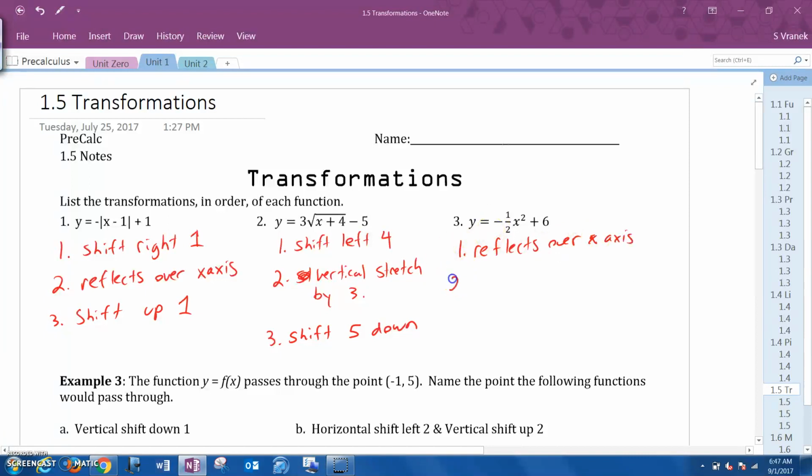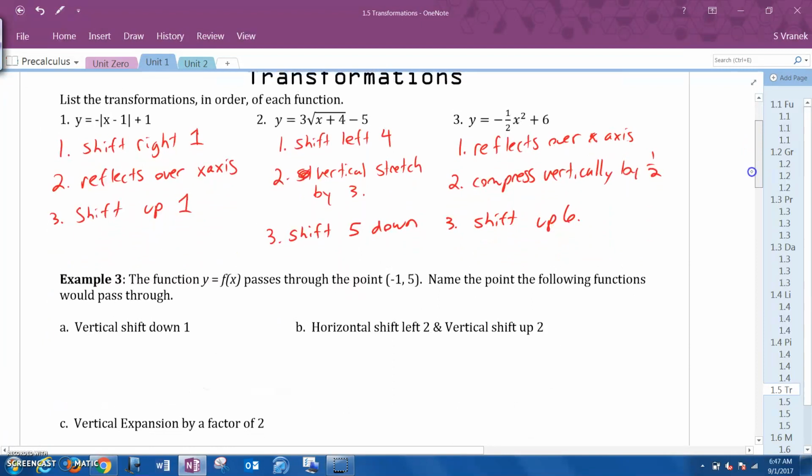And since we're multiplying by 1/2, it compresses vertically by 1/2. And then finally we shift it up 6. Okay? So hopefully you guys remember that, like I said, this should be review.